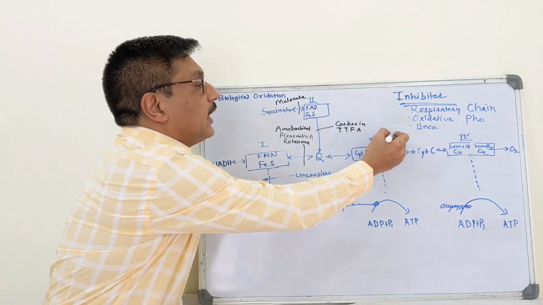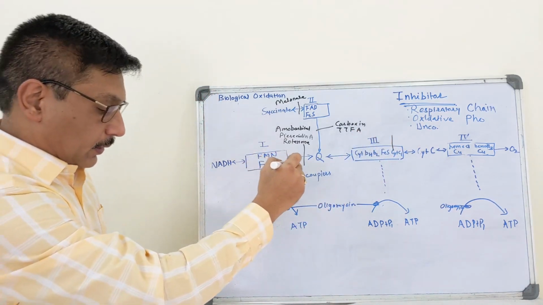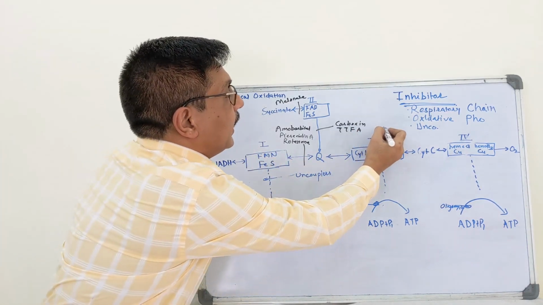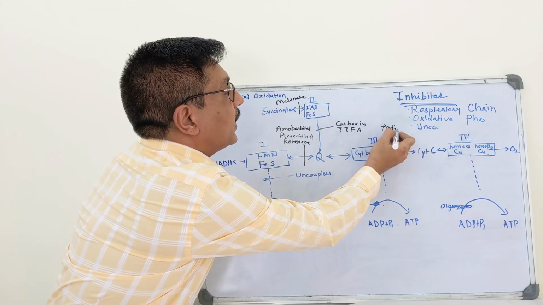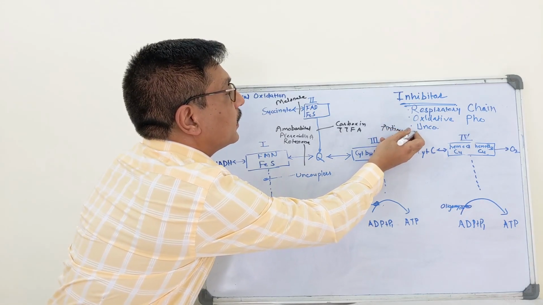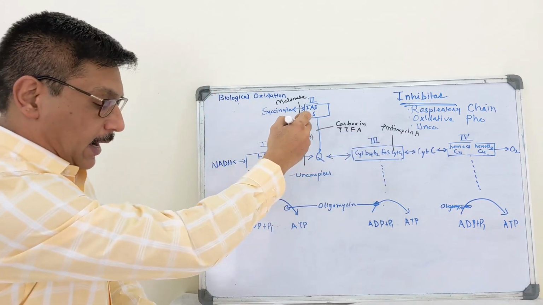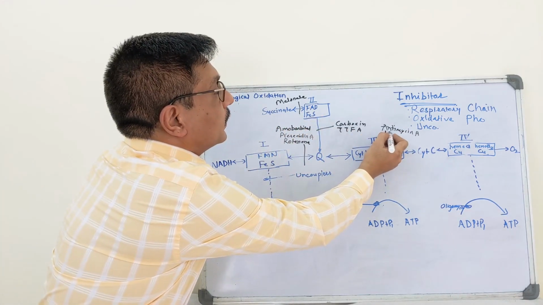Inhibitors of complex 3 are antimycin A and dimercaprol.